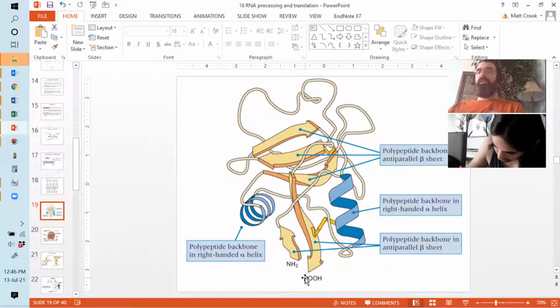So directionality is also important for proteins, and it essentially translates directly from the directionality of nucleic acids too.